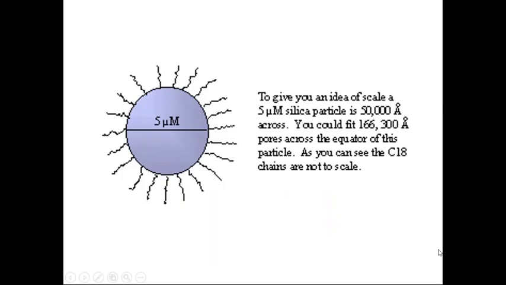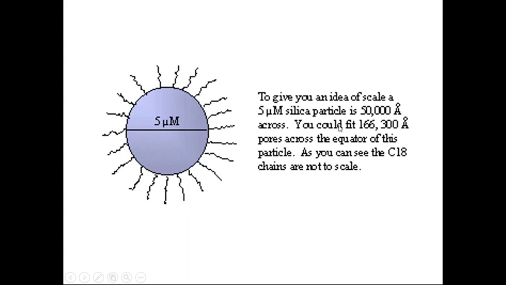To give you an idea of the size of a particle, when we say a 5 micron particle size, the diameter of the particle from one end to the other is about 50,000 angstroms.